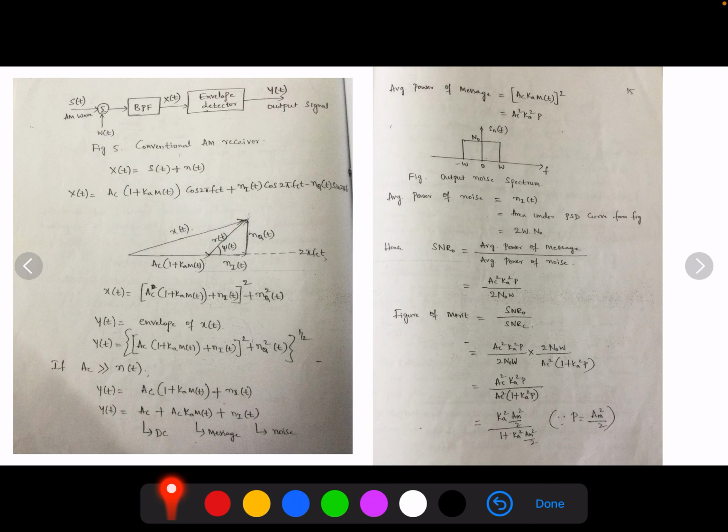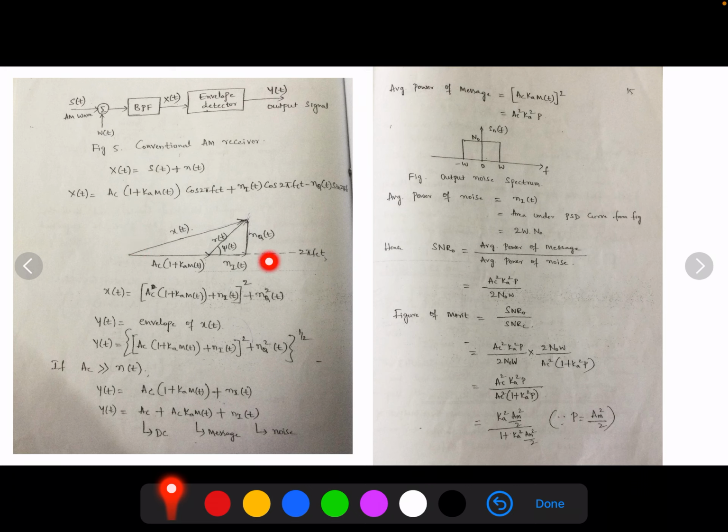It is informative to represent the components that comprise the signal x(t) by means of phasors. Phasor diagram we need to make use of. From this phasor diagram, y(t), that is the resultant, is equal to the envelope of x(t).